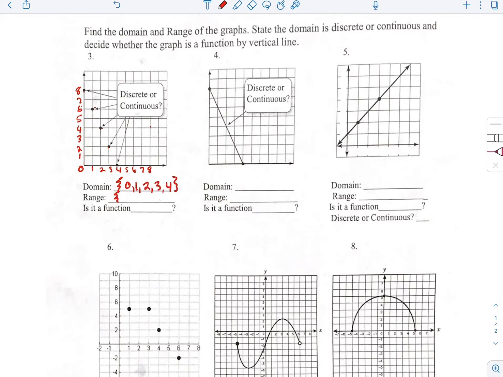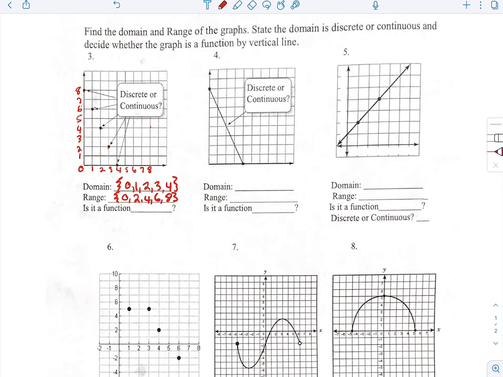And for the range, we start here. And then we're going to go this way, because right here, our range is 0. Right here, it's 2. Here, it's 4, 6, and 8. So that's what we're going to write: 0, 2, 4, 6, 8.